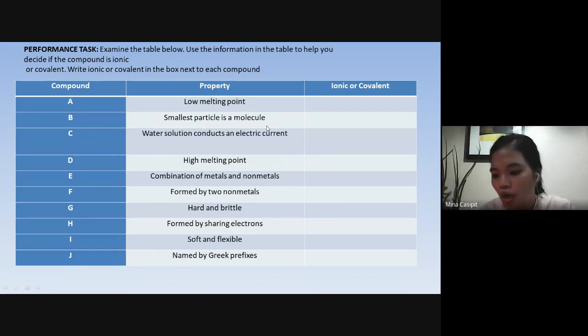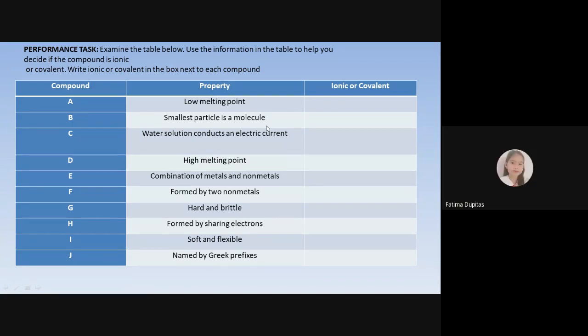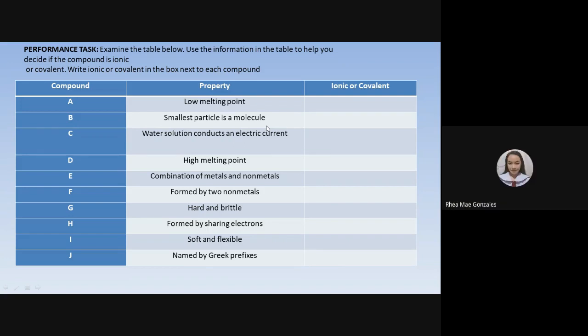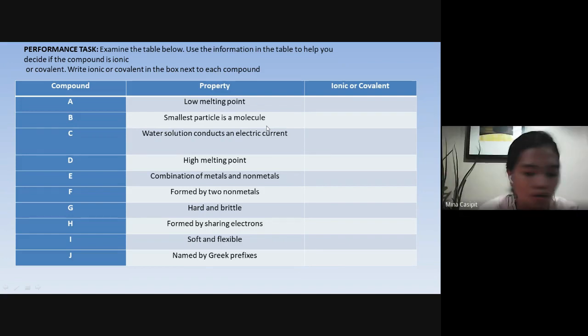Low melting point, we have covalent compound. Correct. Number 2, Fatima. Covalent po. Covalent, smallest particle is a molecule. Correct. Covalent compound. Next, letter C or compound C. Ionic po. Sino yon?